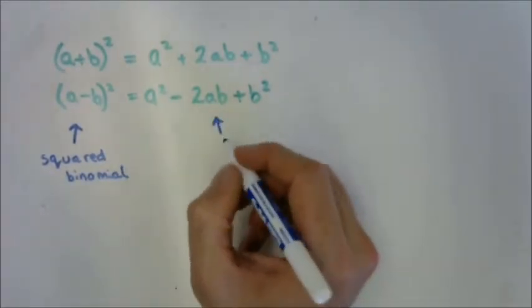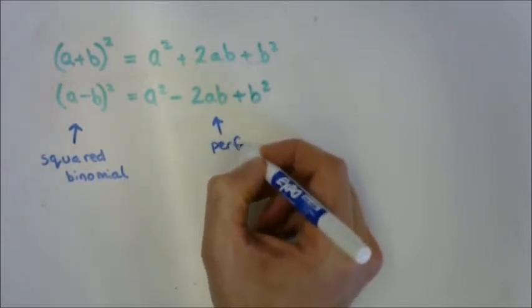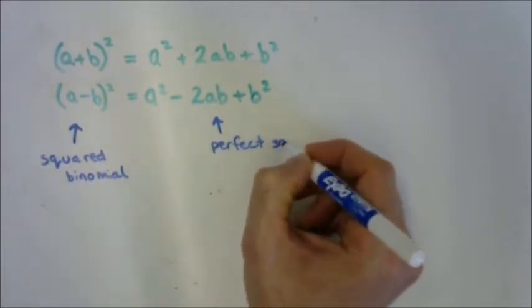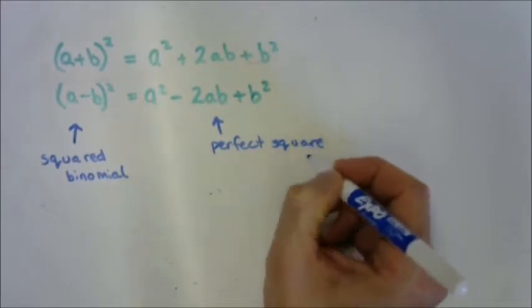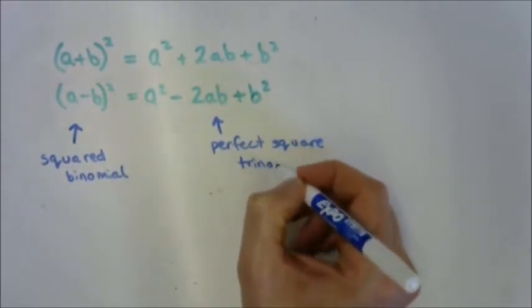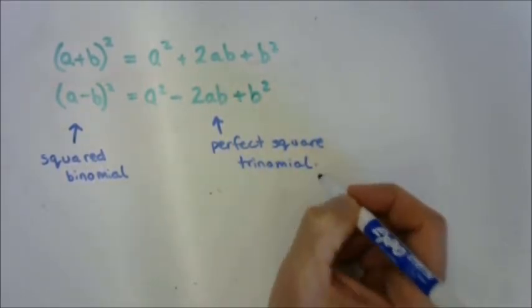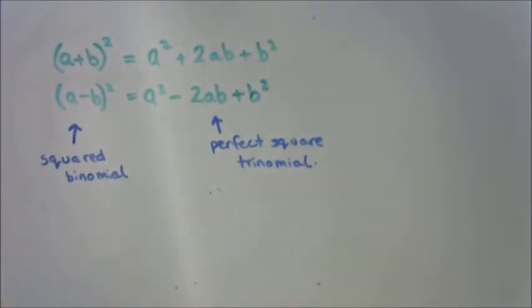The right side is called a perfect square trinomial. You do need to make sure that you get this, because it comes up really significantly in Unit 6 as well. Just saying square trinomial is probably sufficient, but you should get used to perfect square trinomial, because that's what it's called.